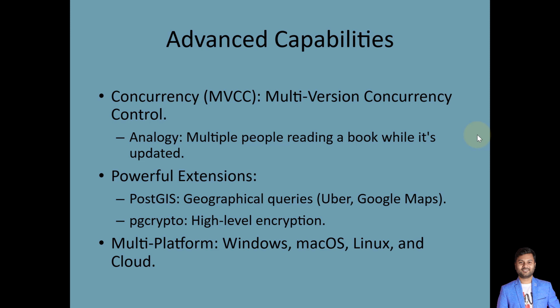Another advanced capability of PostgreSQL is powerful extensions, such as PostGIS and pgCrypto. Extensions in PostgreSQL are like plugins that add superpowers to PostgreSQL. PostgreSQL provides multi-platform support. It works on Windows, Mac OS, Linux as well, and also it can run on cloud platforms such as AWS, Azure, etc.